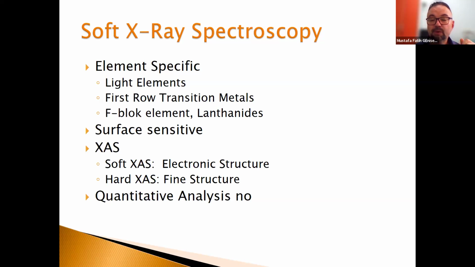And I want to make a differentiation between hard X-ray absorption spectroscopy and soft X-ray absorption spectroscopy. Hard X-ray absorption spectroscopy deals with the fine structure. It gives you the picture of your element's nearest neighbors, the distance between the elements, and the mass of the elements around your element. But soft X-ray gives you the electronic structure, as I mentioned in my previous slide.